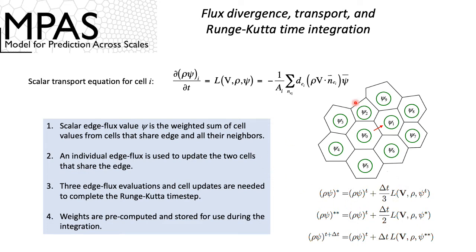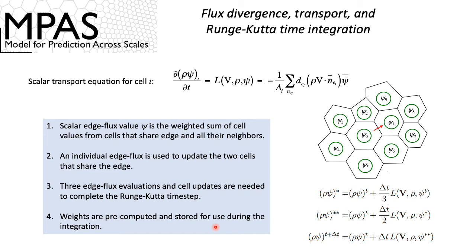As I mentioned, it takes into account all these cell values, not only the cells containing the edge, but all their neighbors. We need 3 evaluations of those flux divergence operators per Runge-Kutta time step. But this makes sense because we're not doing a least squares evaluation with all the operations involved in it.